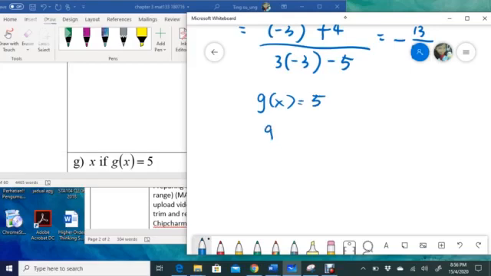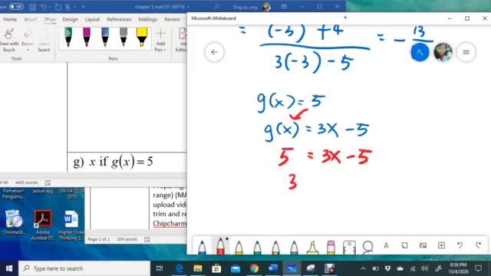Your g(x) equals 3x minus 5. What you need to do is just substitute in, meaning set 5 equal to 3x minus 5. So 3x equals 5 plus 5, that is 10. So x equals 10 over 3, just like that.